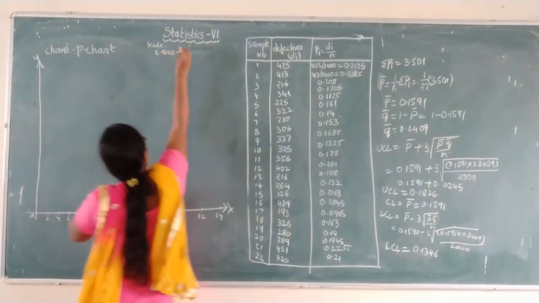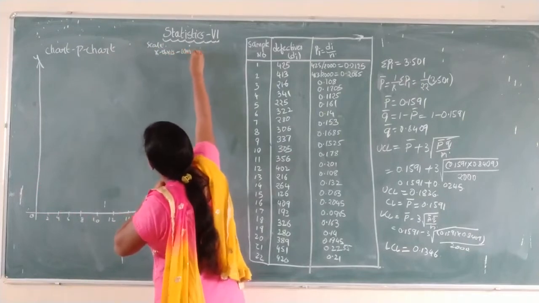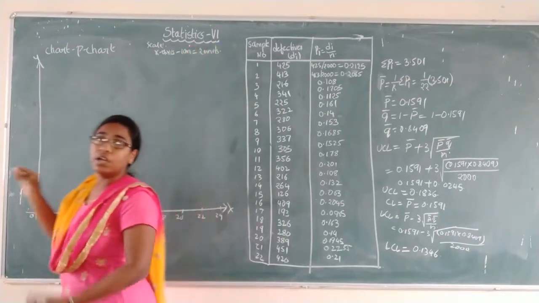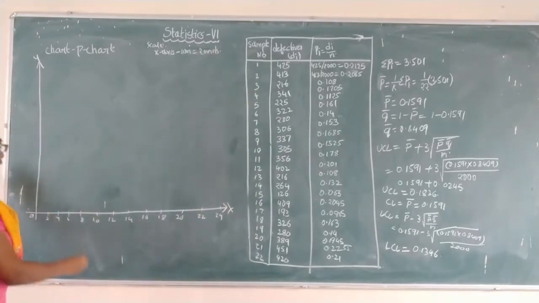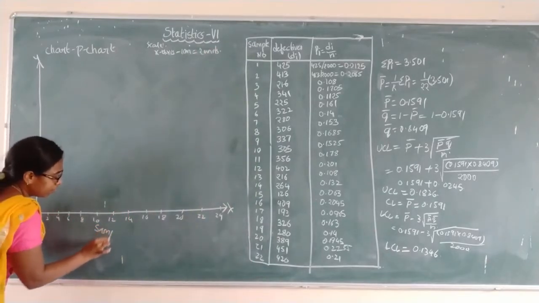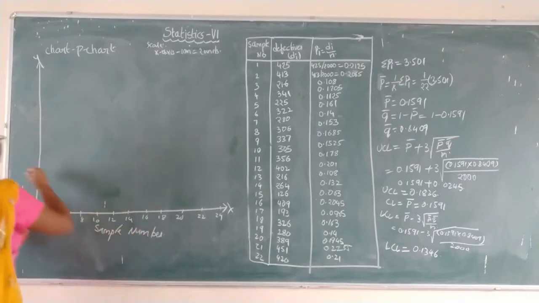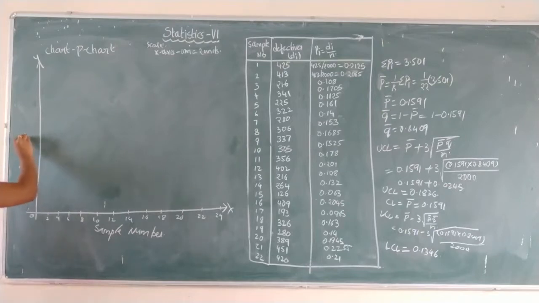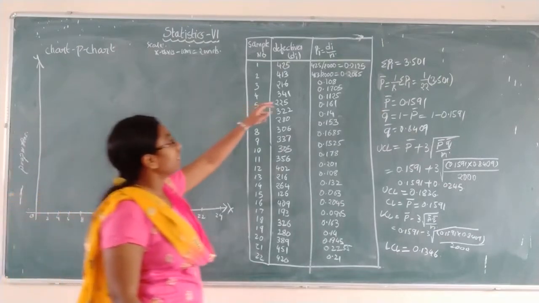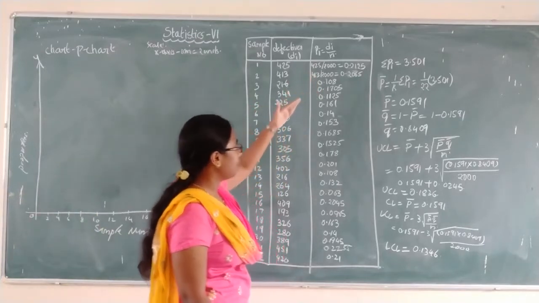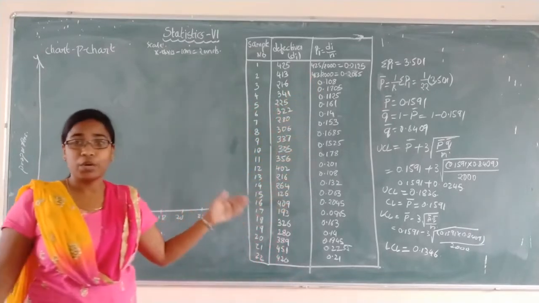On the x-axis I took the scale as 1 centimeter equals 2 units. Similarly, on the y-axis we will denote the proportions. All the proportions are point values, that is, we are going to plot these Pi values, all between 0.1 and 0.2.